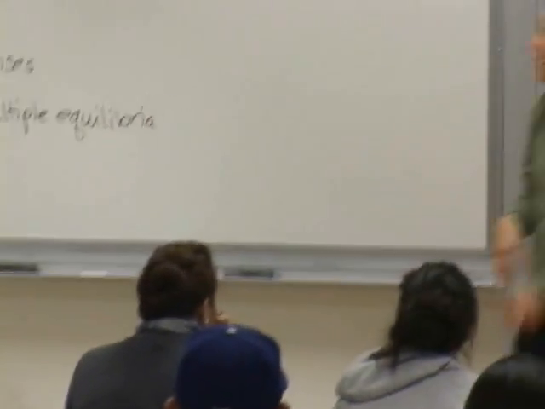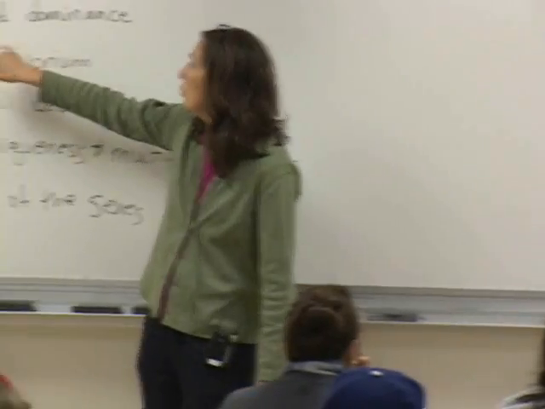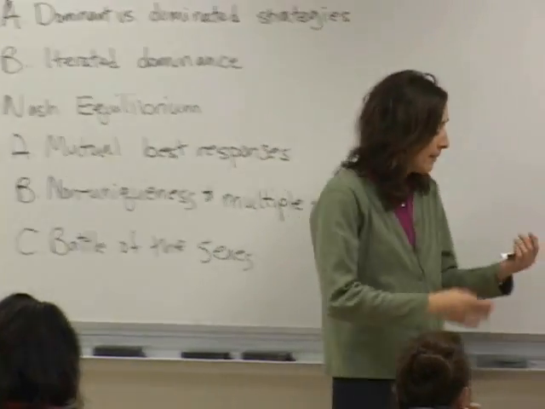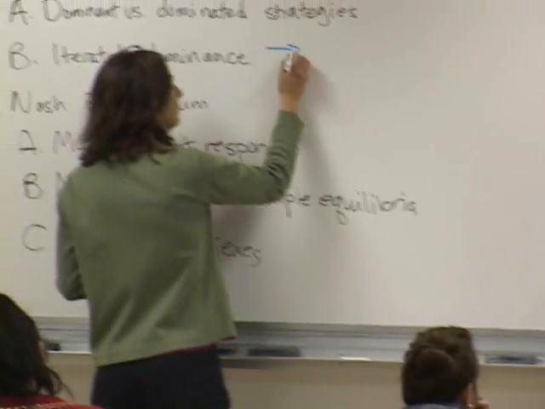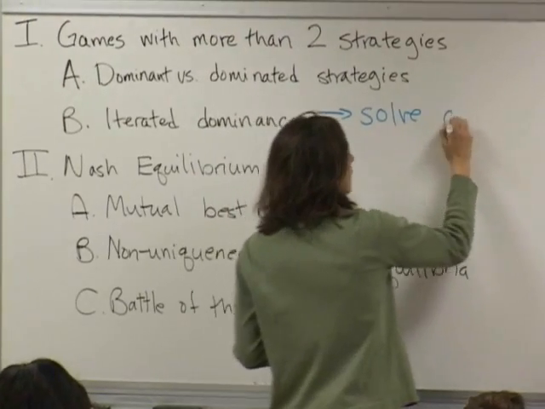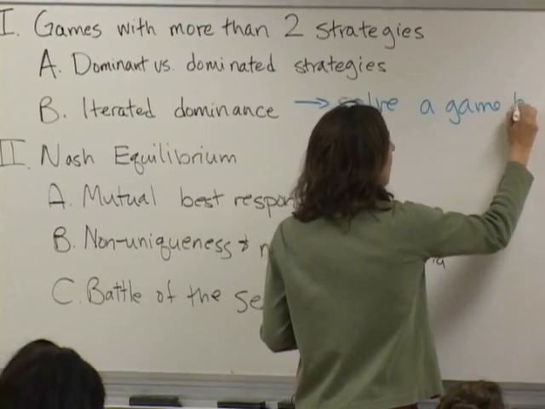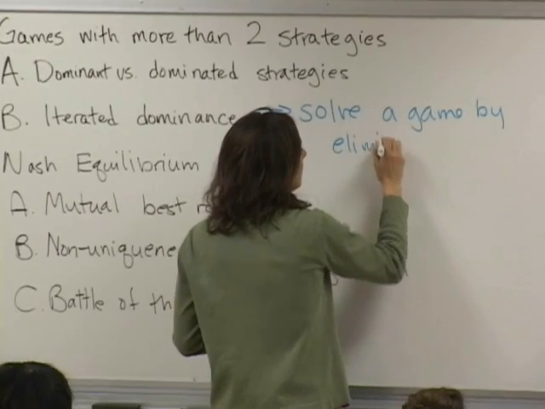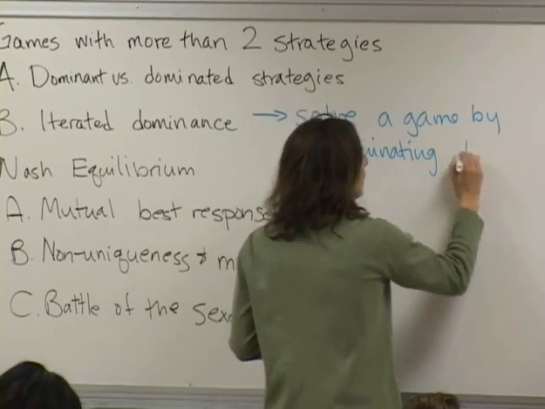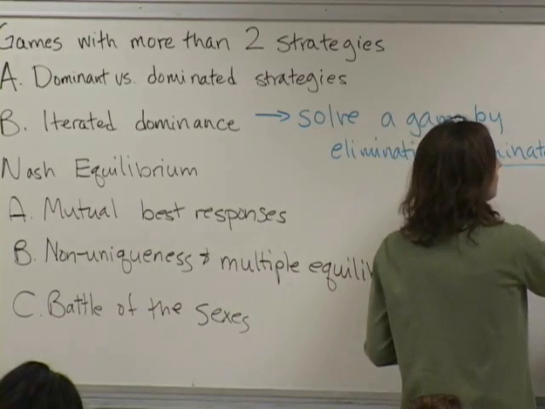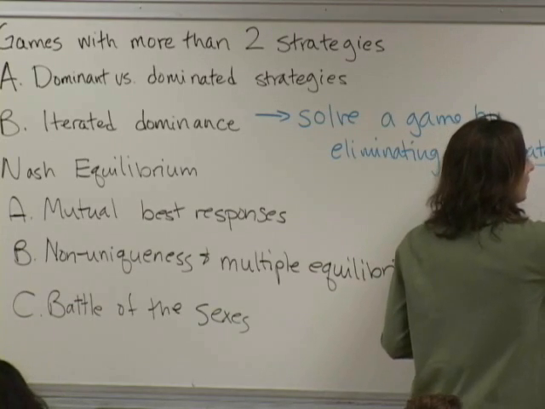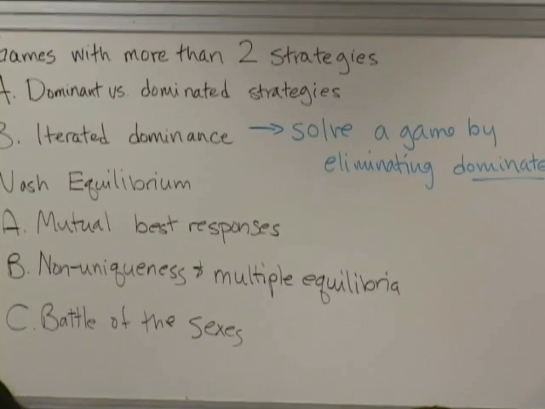So what I'm going to show you in a minute with an example is a way to solve a game through what's called iterated dominance, and a more friendly, clear way to express the idea of iterated dominance is that we are just going to solve the game by eliminating dominated strategies. Okay? All right, so I think that's going to be easier to see in context.